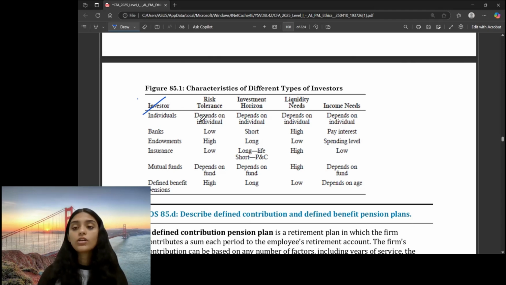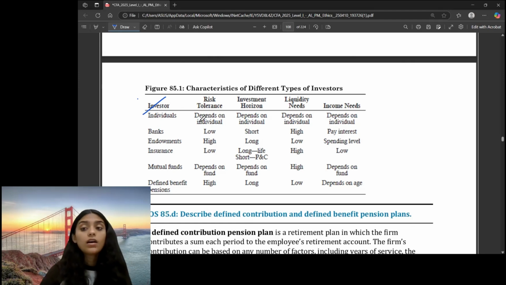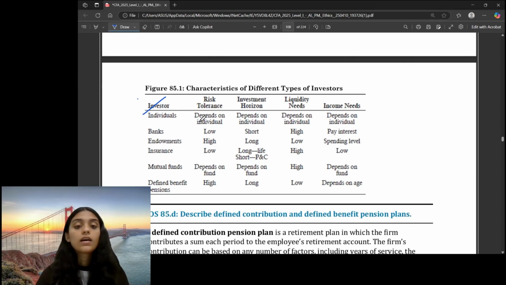Risk tolerance depends on the person. If you're wealthy and you want to take more risk, then fine. Otherwise, less risk. Then investment horizon, that also depends upon the individual. If I want to keep short-term investments, then I'll opt for 1 or 2 years. If I want long-term investments, then 10 or 12 years.